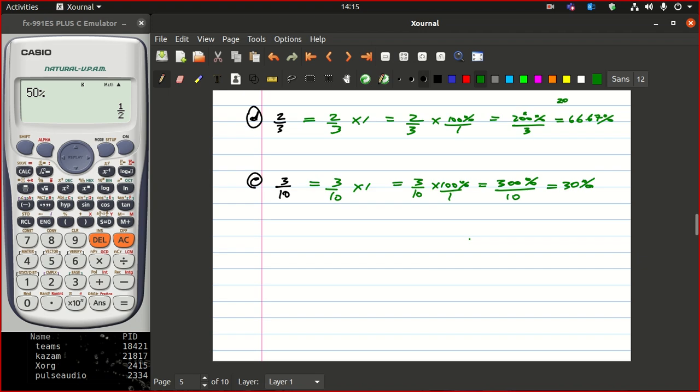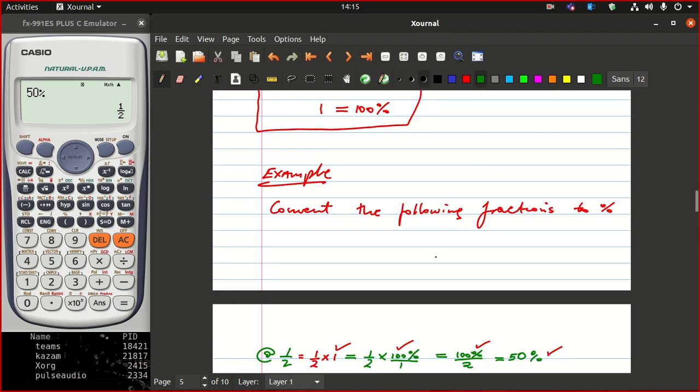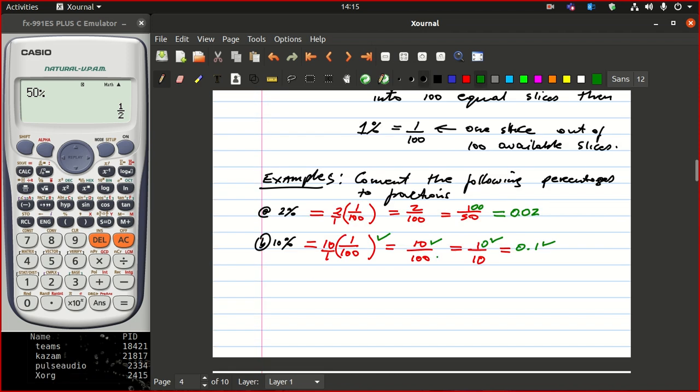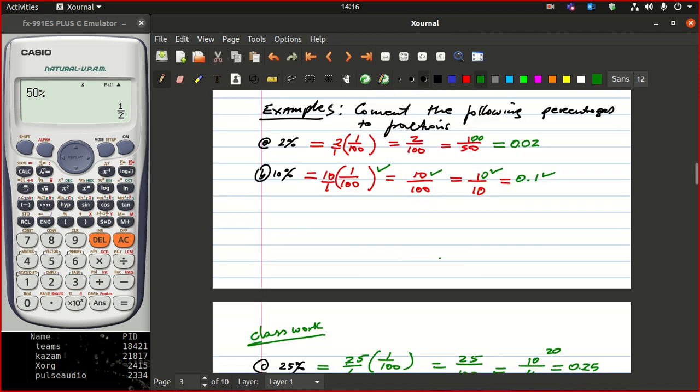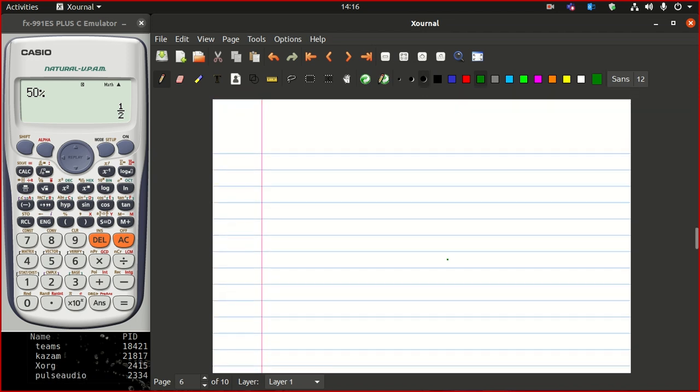So only converting things is not all; these are just the basics that we're doing. Now I want us to get a little bit deeper into these percentages, and how these things are actually used in real life. Let's take an example and see if we can understand what I mean.